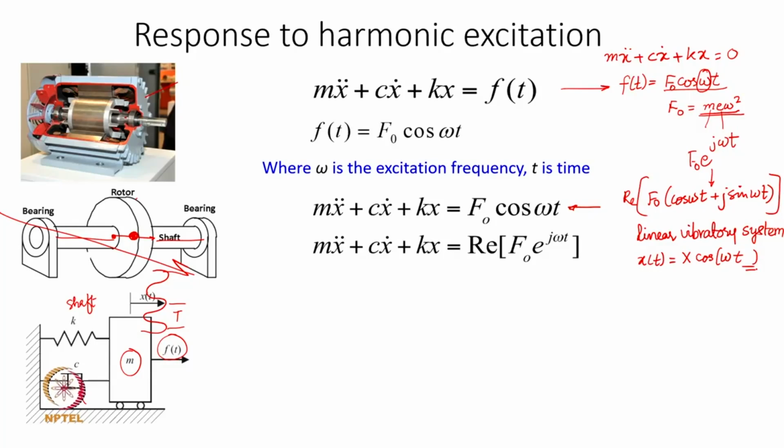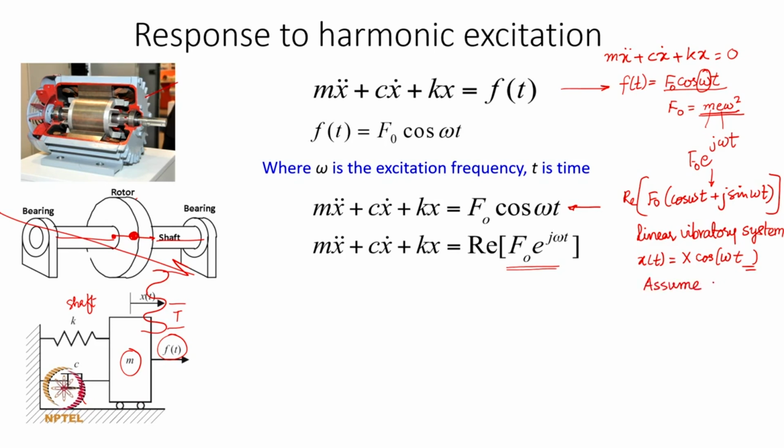So, the assumption here is that since we have decided to stick to complex notation, we assume the solution the way we have also done it in a free vibration case.